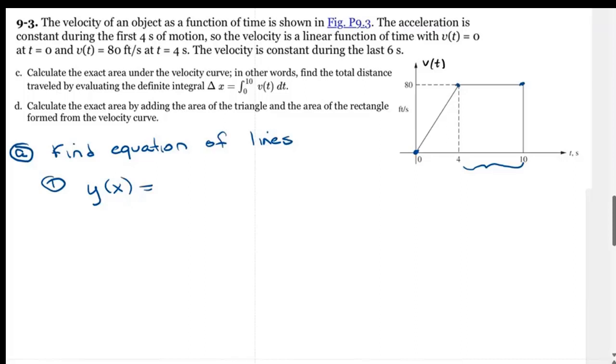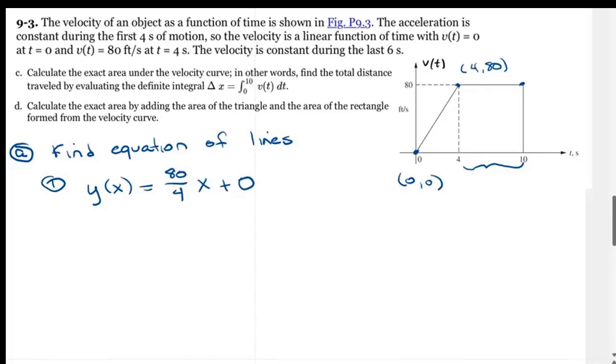I have this point here, which is 4, 80, and I have this point here, which is 0, 0. Y2 minus y1 is 80. X2 minus x1 is 4, times x plus 0. Y equals mx plus b.